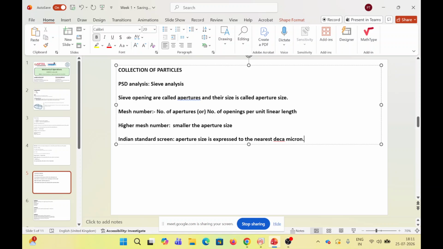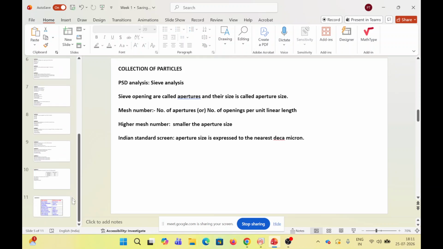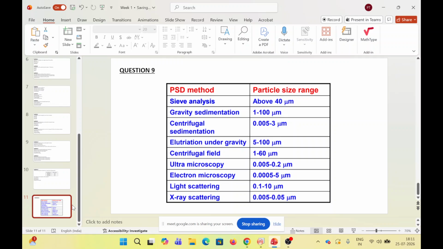You cannot analyze samples that have sizes lower than a particular range. So if you want to see that graph, it's here. This is the PSD method.